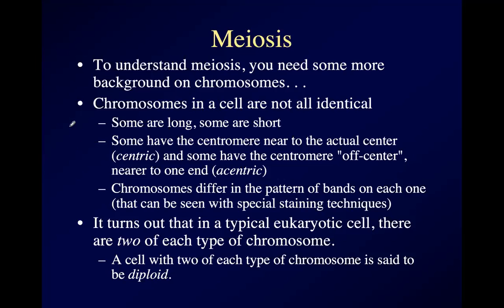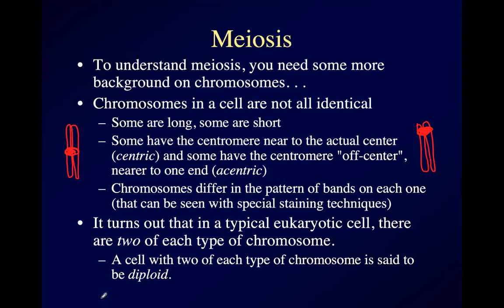So chromosomes, there's two chromatids. And chromosomes where the centromere is close to the actual center are called centric. So there's my drawing of a centric chromosome. But you can also find chromosomes where the centromere is off center, and we call these acentric chromosomes.